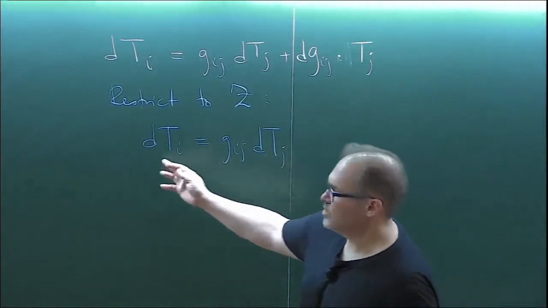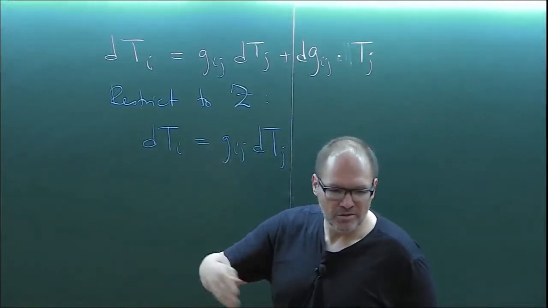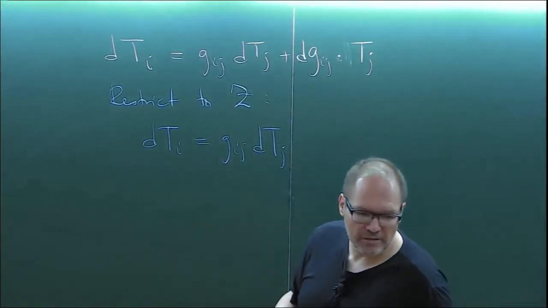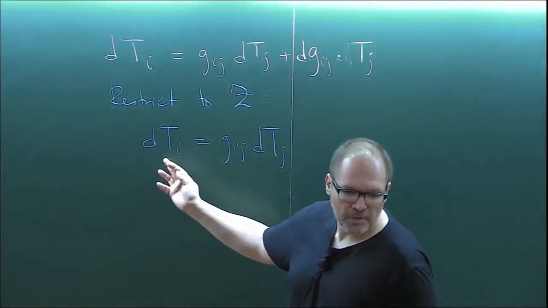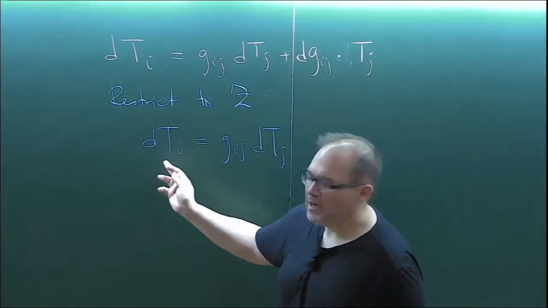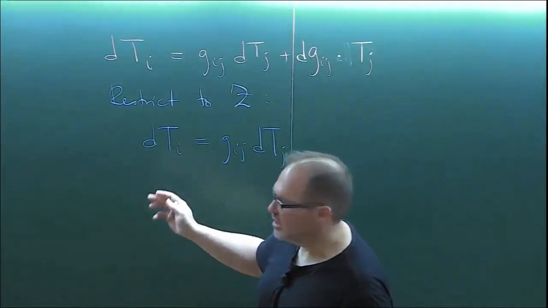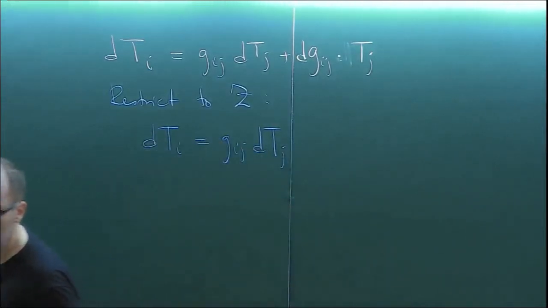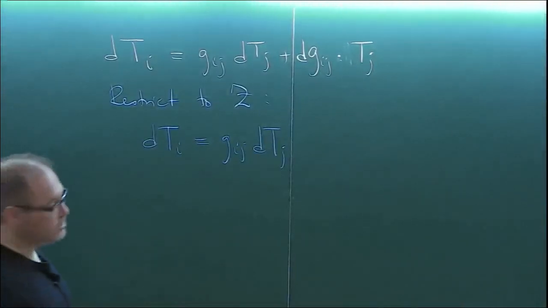It looks like an object which has many components. It looks like a general vector, but in fact, it's more special than that. This one form has an additional property, which is that it annihilates the tangent space of Z. Right? So Z is defined as a level set, so that means that the differential annihilates every tangent vector to Z. In other words, it's an element of something called the conormal bundle, which is the annihilator of the tangent bundle.